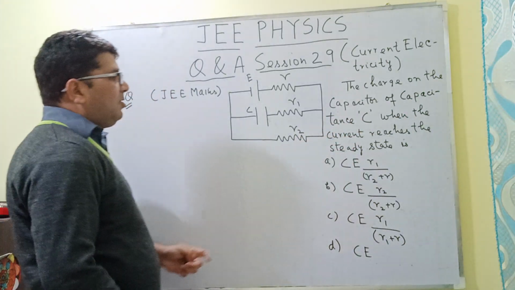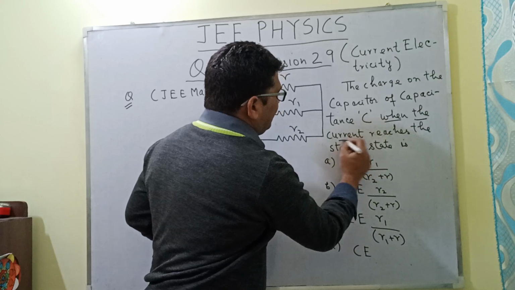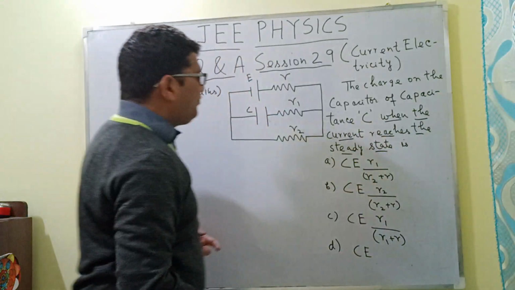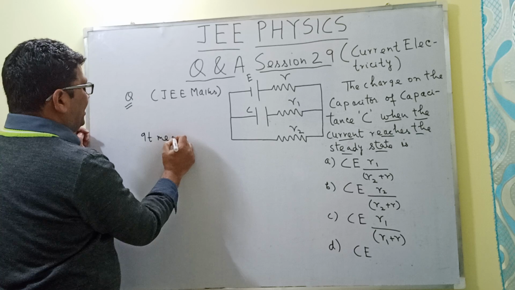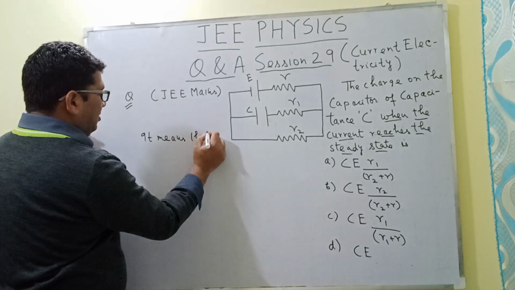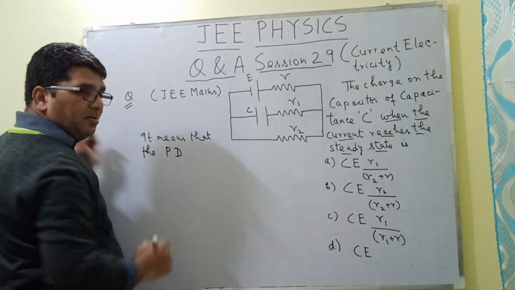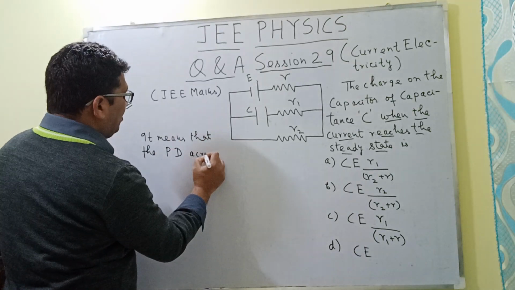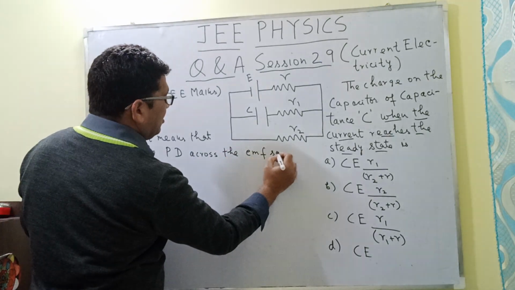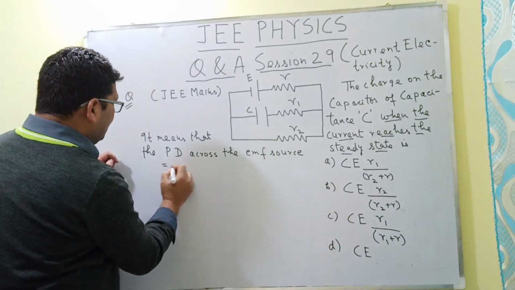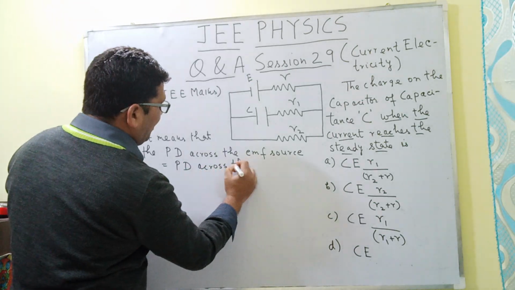Now, what is the meaning of this line? When the current reaches the steady state, it means that the potential difference across the EMF source is equal to the potential difference across the capacitor.